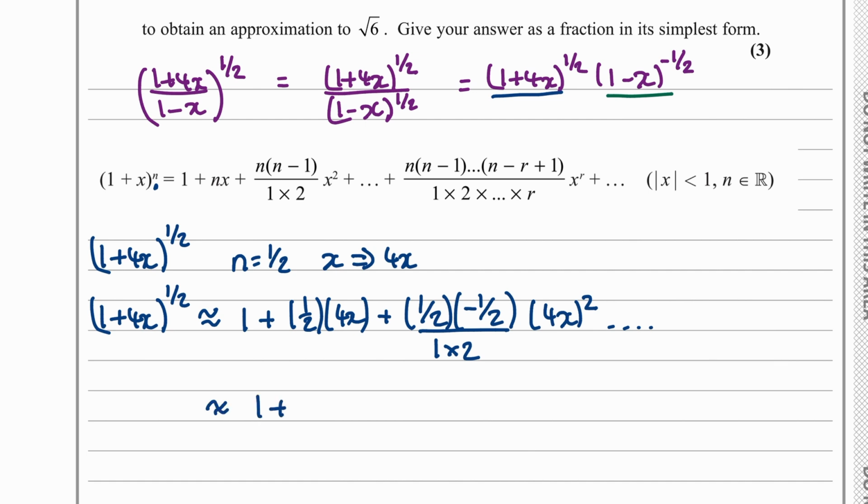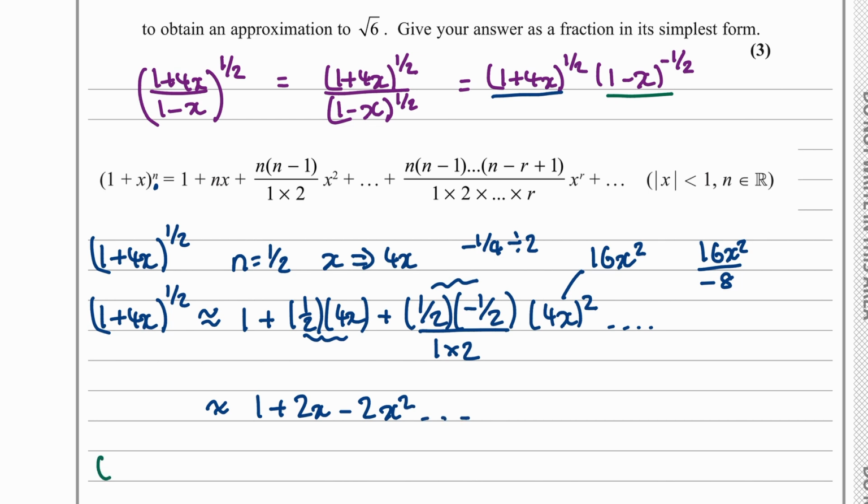We get the 1 plus the 2x, and we'll have 16x squared here. And then here we'll have negative 1/4 divided by 2. So this will be negative 1/8. So we want 16x squared divided by the negative 8. So this will give us negative 2x squared.